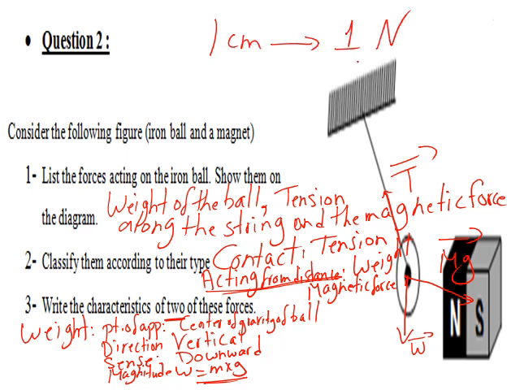If you have a force of 5 newtons, it would be 5 centimeters. You have to know how to classify them as contact or acting from a distance. You have to know the characteristics of the forces: point of application, direction, sense, and magnitude.